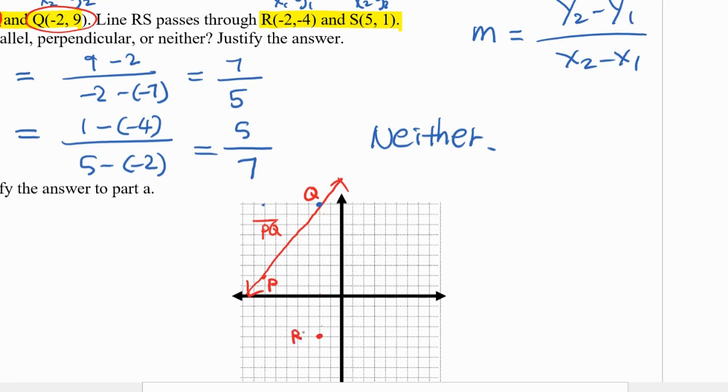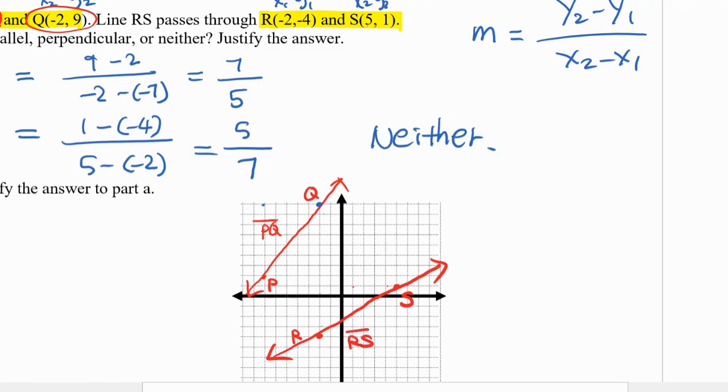R is here, and we're going to do rise over run. So let's move up 5 units and walk over 7 units. So this is 5, 1. This is S. Let's draw a line. So this is RS.